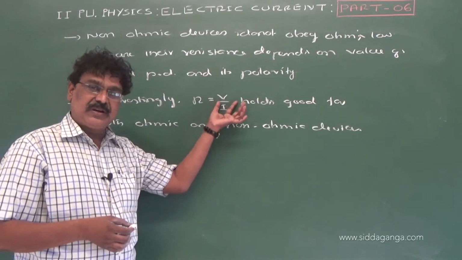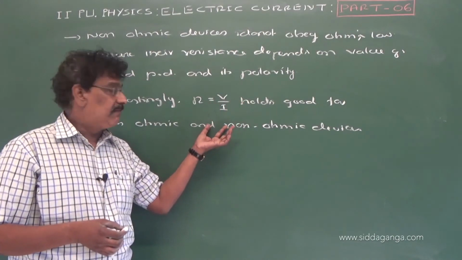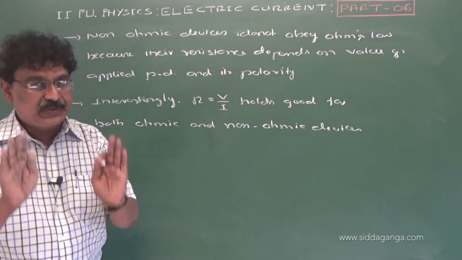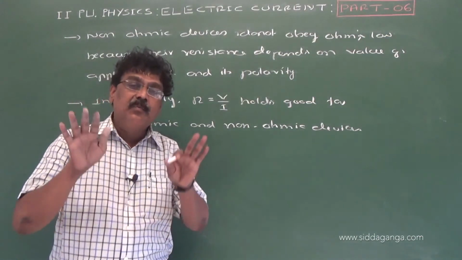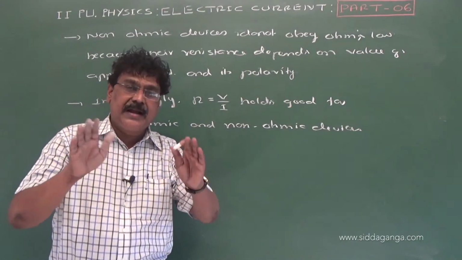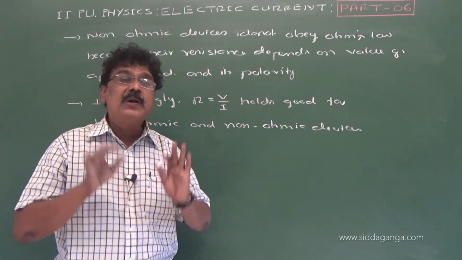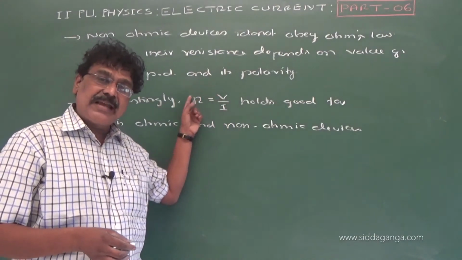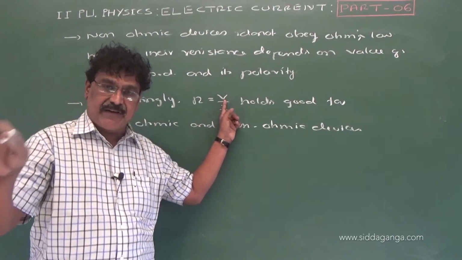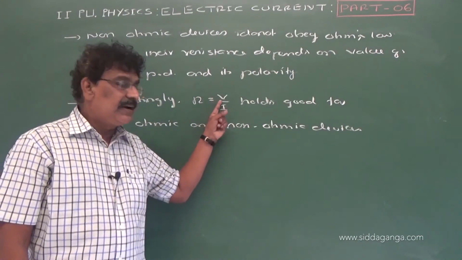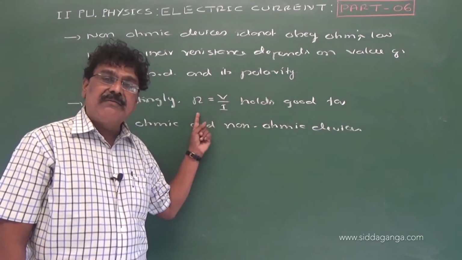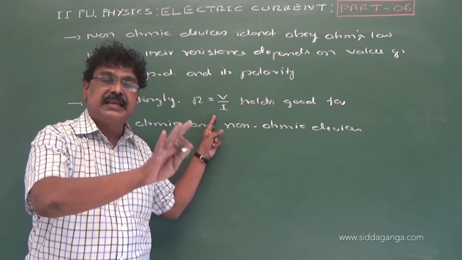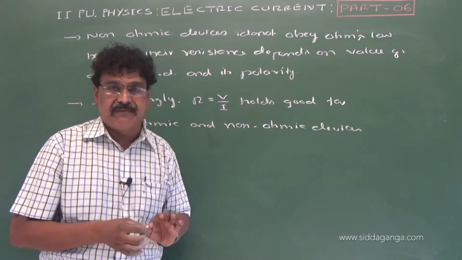By measuring potential difference and current through a device, we can measure its resistance. So this equation is used to measure resistance of both ohmic and non-ohmic devices. Only the difference is, for every value of V, R remains constant for ohmic devices, but for different values of V, R will be different and R is not constant in case of non-ohmic devices.